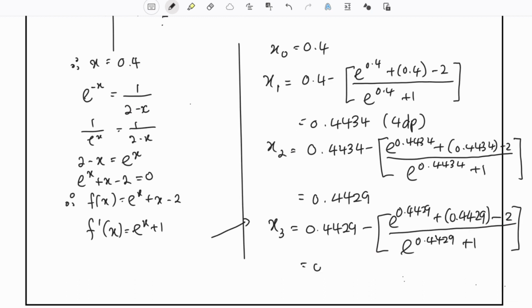So we have here 0.4429. So you can see here we have the same value. So hence the solution is 0.443 to 3 decimal places.